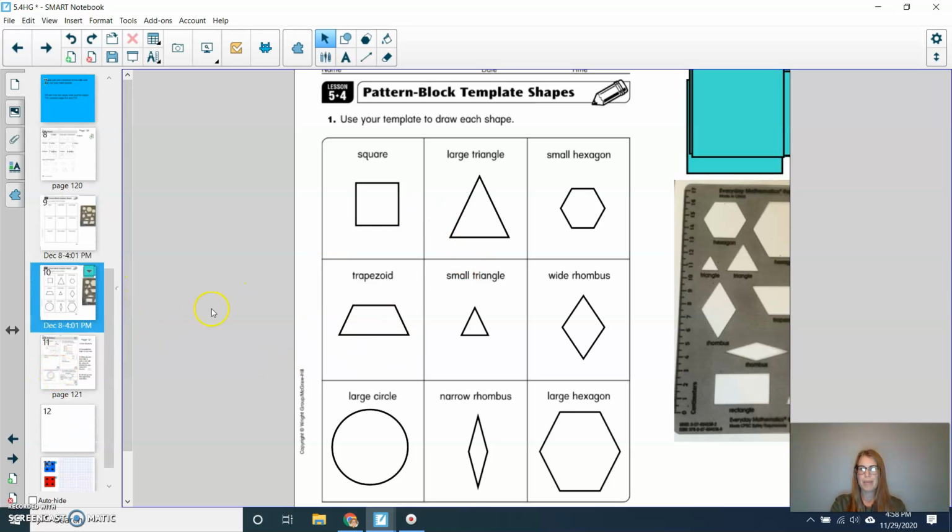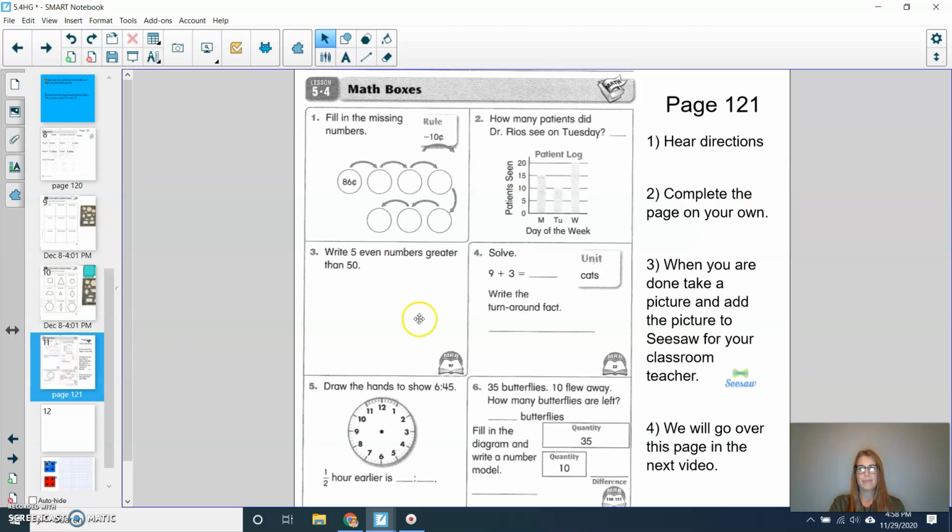You can just put this page to the side, and the last thing we'll talk about are math boxes. I'm going to ask that you listen to the directions, then complete this all on your own. When you're done, take a picture and add it to Seesaw, and we'll go over this page in our next video. So for question 1, fill in the missing numbers following our rule. For number 2, how many patients did Dr. Rio see on Tuesday? Question 3, write 5 even numbers greater than 50.